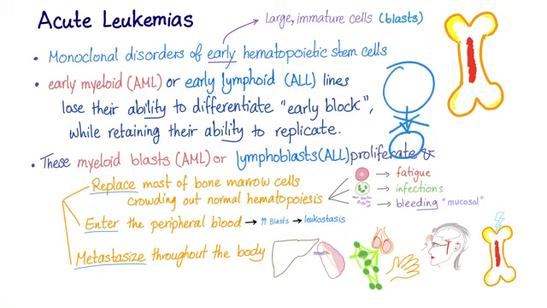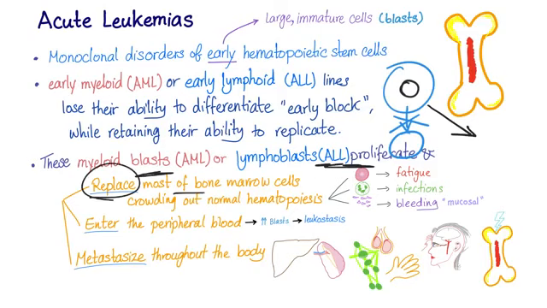They will stay immature for the rest of their life. Not only that, they still retain their ability to replicate. We have crazy, useless, immature cancer cells that will never mature but will keep producing cancerous cells. Horrible stuff. These blasts, whether myeloid or lymphoid, will do three things.